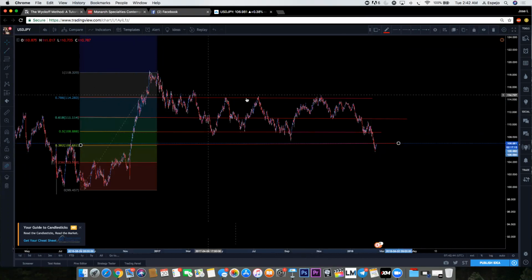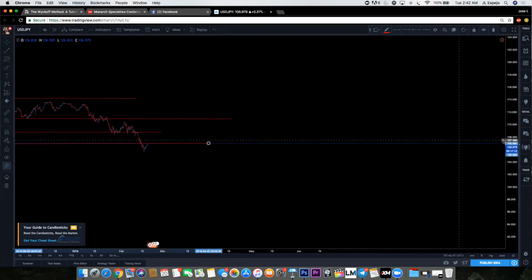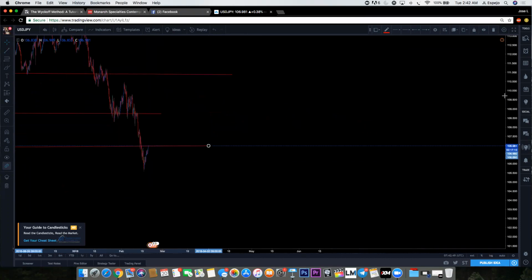So here, when looking at this trade, I already know that the market has reached that 38.2 line.